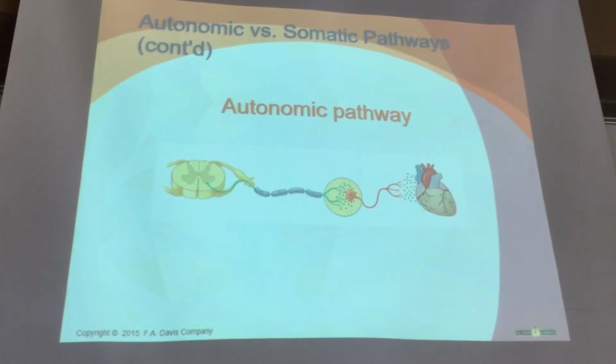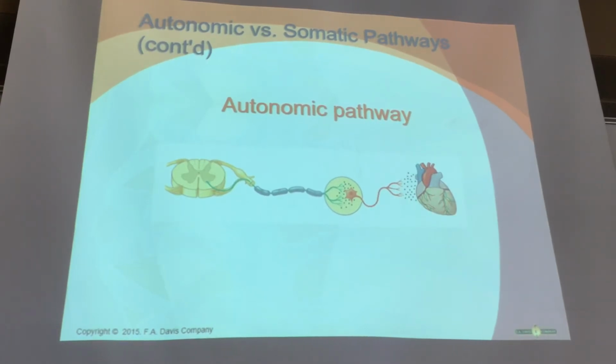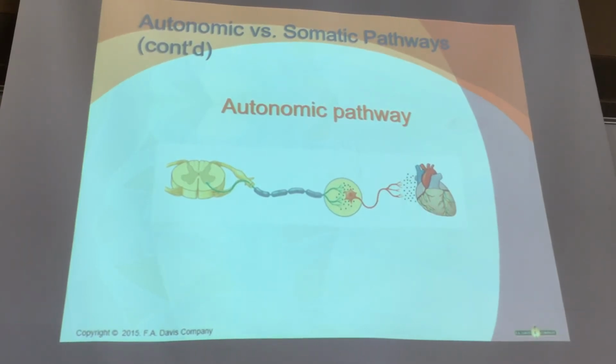Next, in the ganglion, it's going to synapse with a second neuron. This is going to be called the postganglionic neuron. The neurotransmitter acetylcholine is released right there in the ganglion, and it makes the postganglionic neuron respond, and then the axon of the unmyelinated postganglionic neuron extends to the target organ that it's trying to talk to.